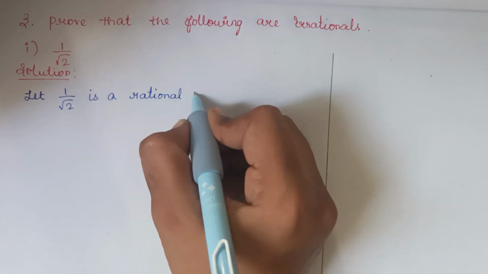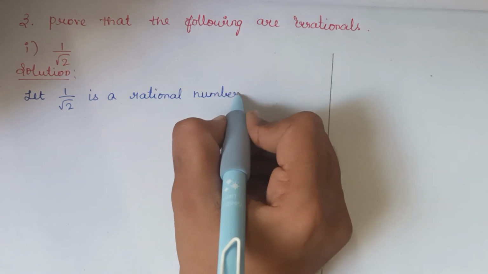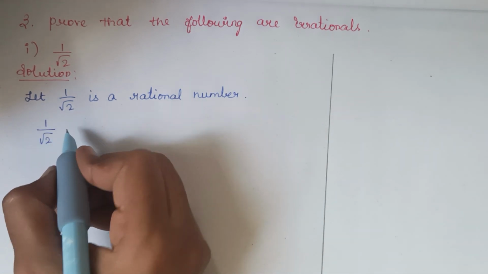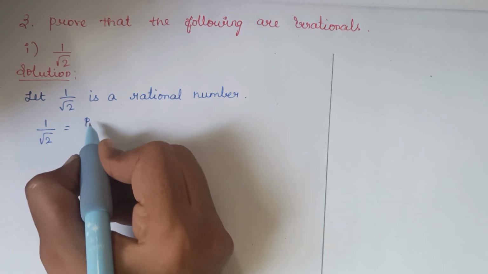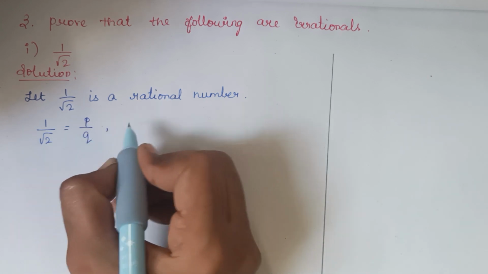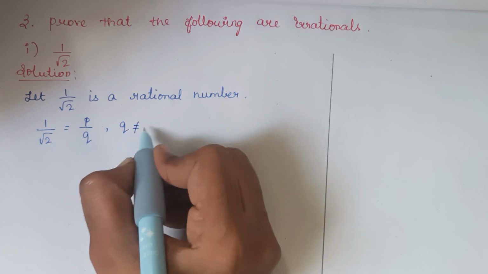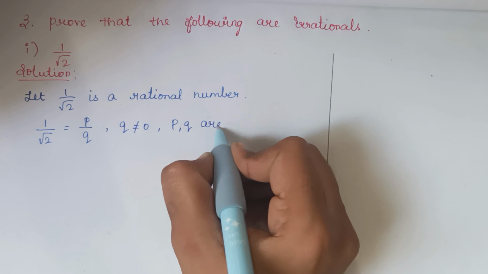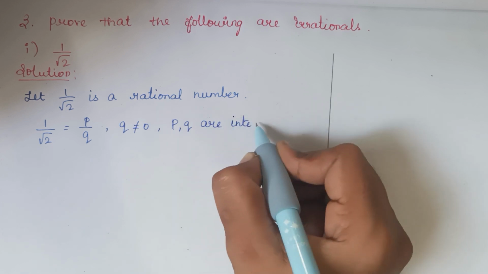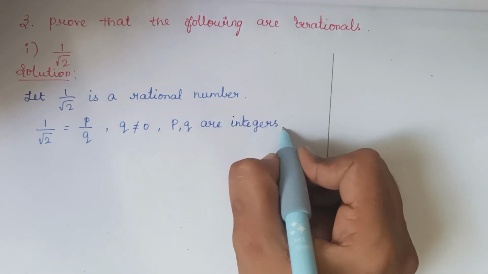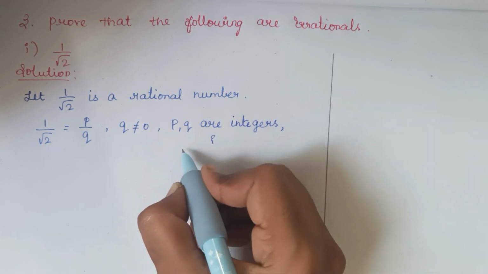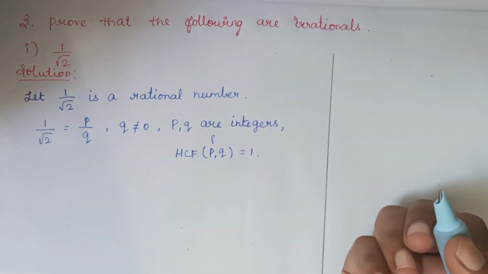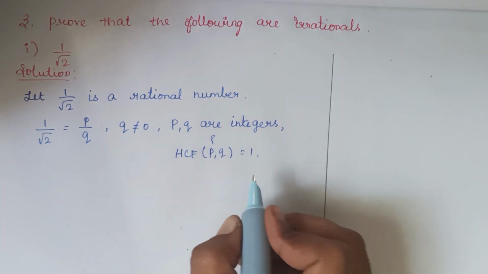We know the rules for a rational number, right? 1 by root 2 is equal to P by Q, where Q is not equal to 0, P comma Q are integers, and HCF of P comma Q is equal to 1.